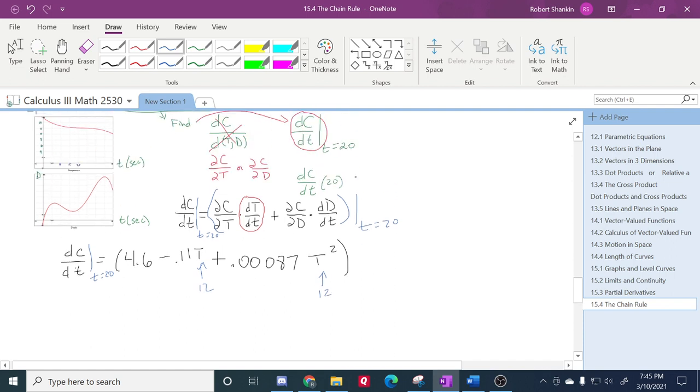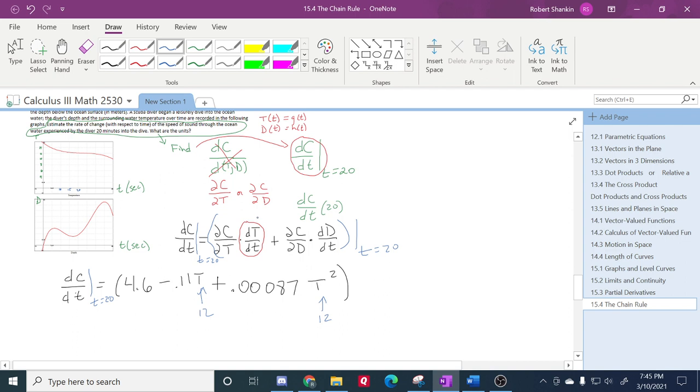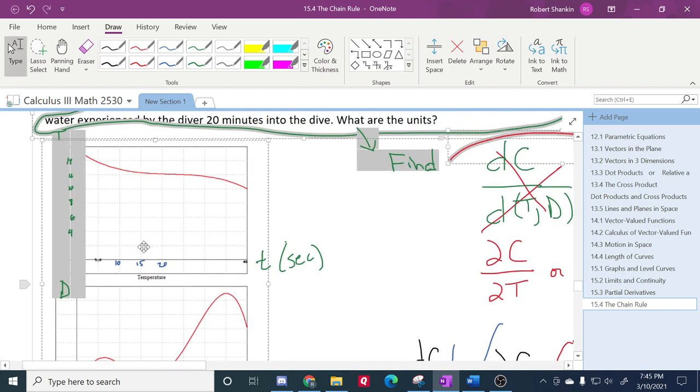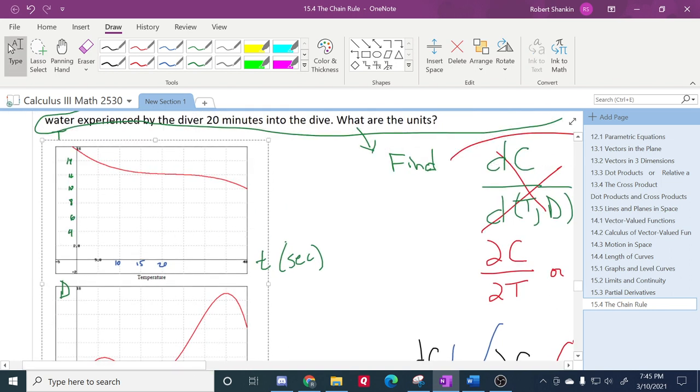And we're going to next go to dT/dt. We're going to put its result right here. And how do I get that? It's only at 20. So I look at 20, and what I'm trying to find now is the slope, the instantaneous slope.